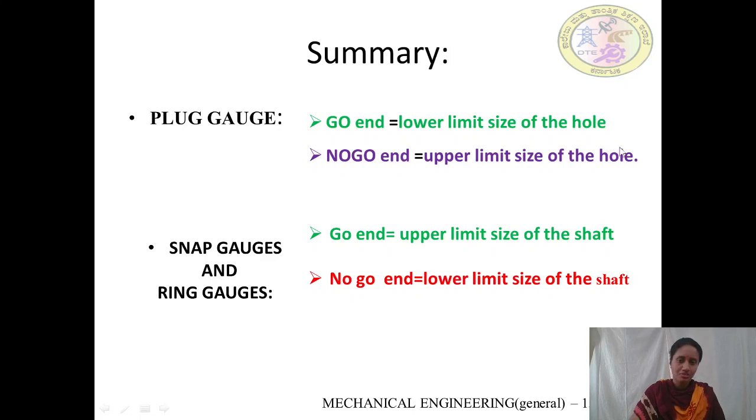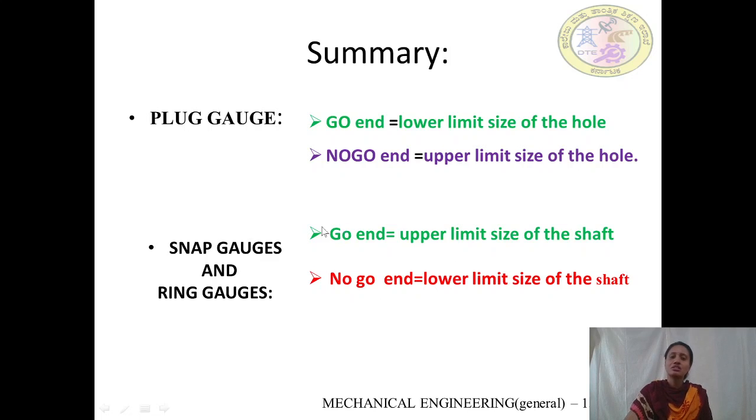So that is the first main difference. Coming to the plug gauge, the go end is equal to the lower limit size of the hole and the no go end will be equal to the upper limit size of the hole. In snap and ring gauges, the go end is equal to the upper limit size of the shaft and the no go end is equal to the lower limit size of the shaft.